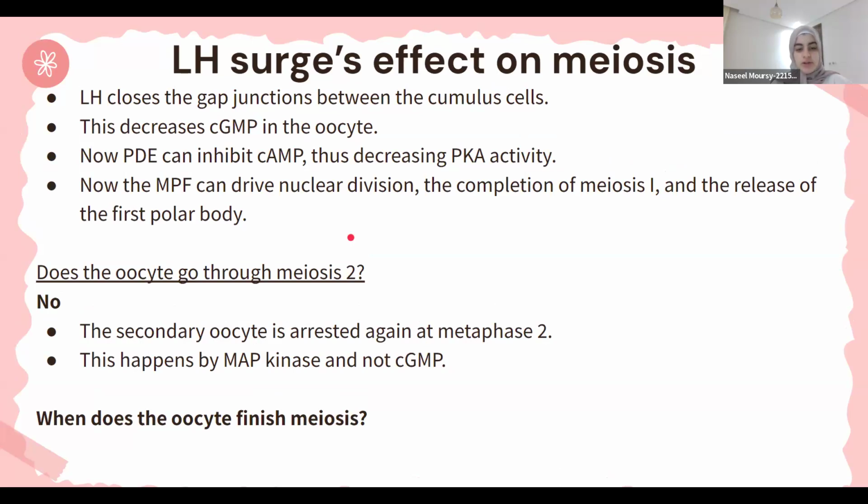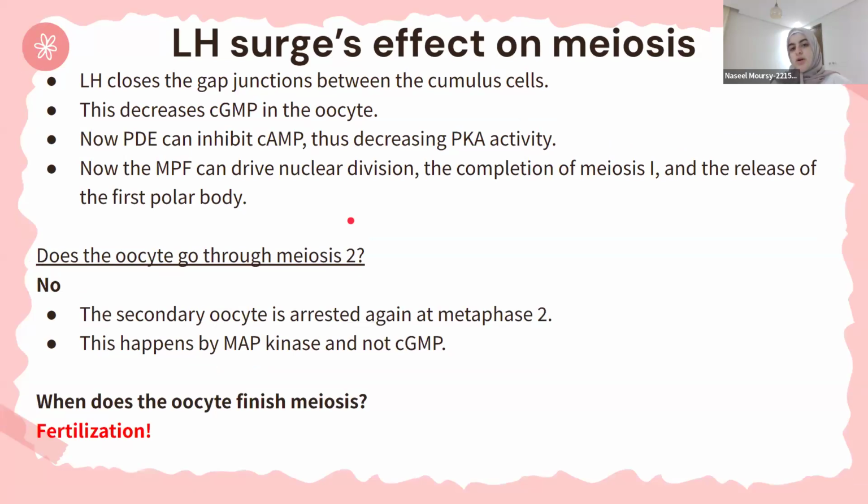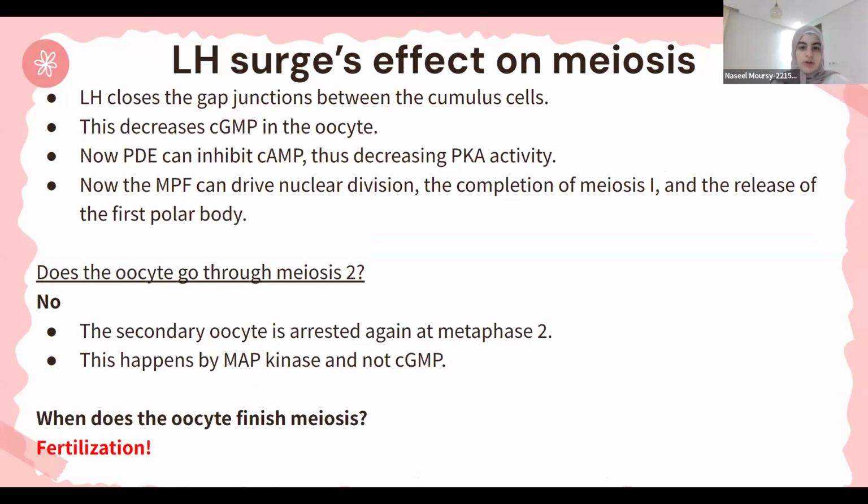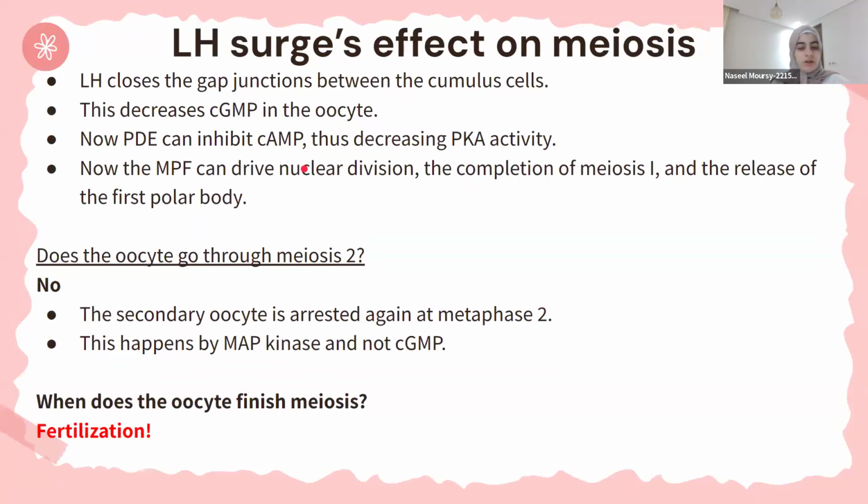It finishes meiosis at fertilization. Okay, so yes, correct, if it gets fertilized. All right, so when you get fertilization, how does MAP kinase stop working? You get a rush of calcium inside the oocytes, and so this calcium inhibits MAP kinase, and so the cell can now undergo meiosis two.